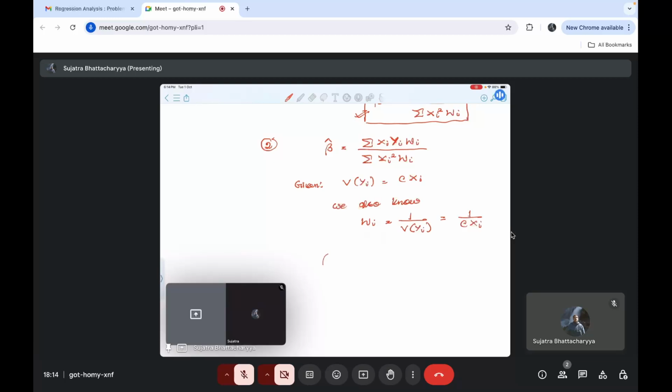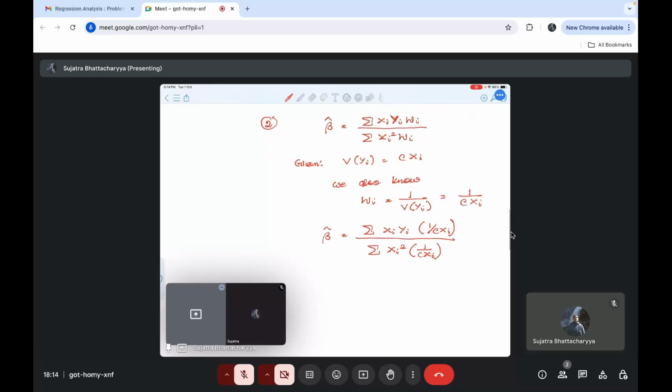So just put it in. Therefore, beta hat will be summation xi yi times 1 upon c into xi, divided by summation xi square times 1 upon c xi. Now within the summation, you can of course cancel the xi which are present.